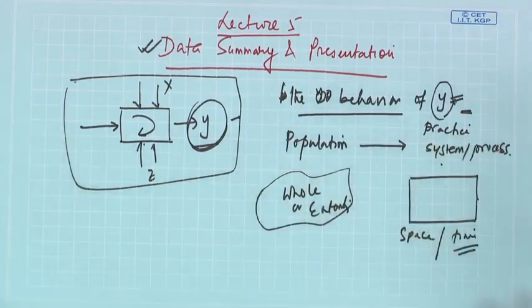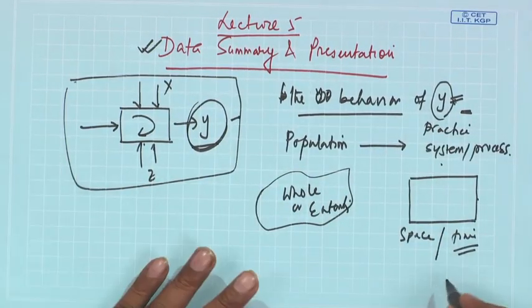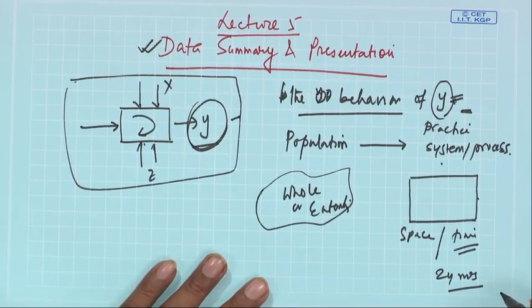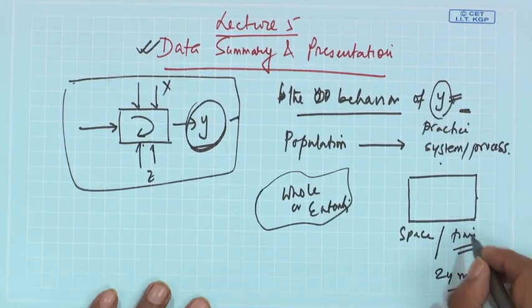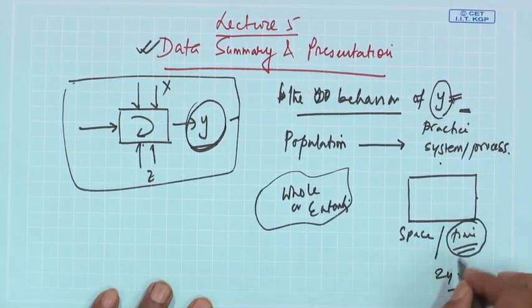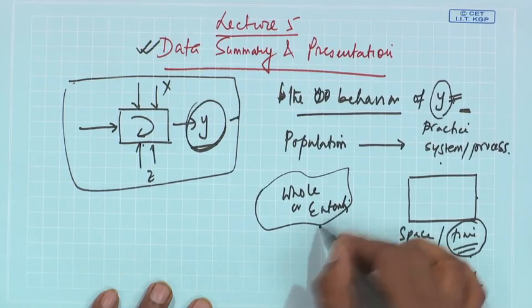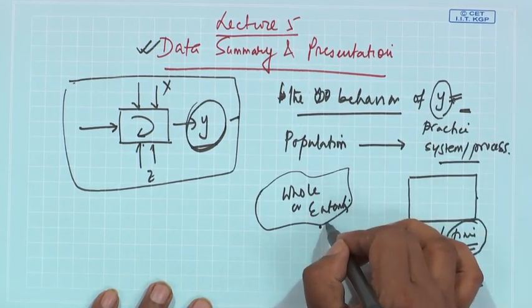And what is the time? Time is that maybe we will conduct certain experiments, like the 24 experiments we have conducted. In that case, when the time is such a short, the system will not represent the population.